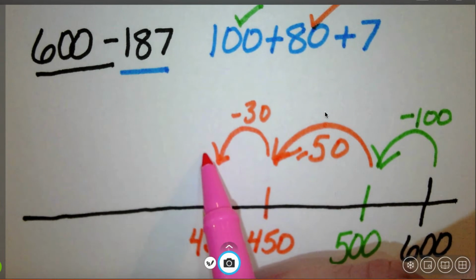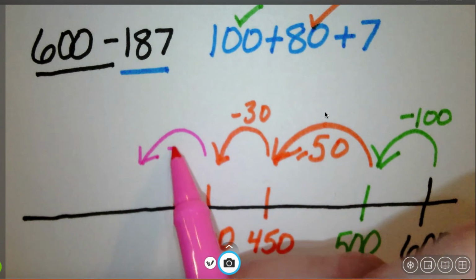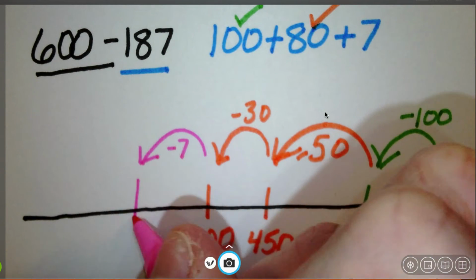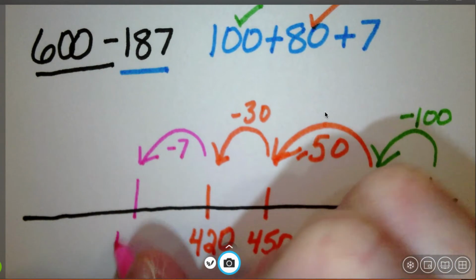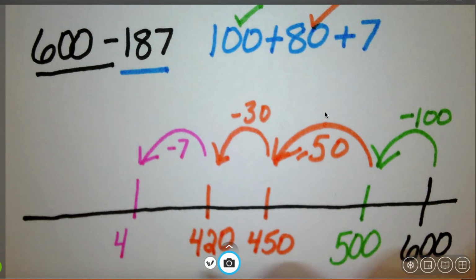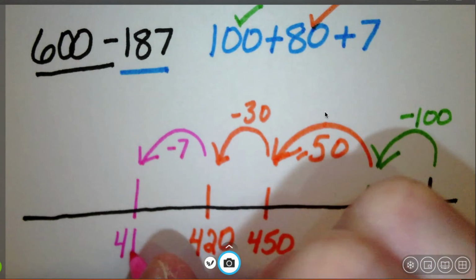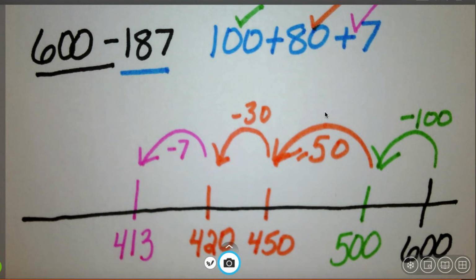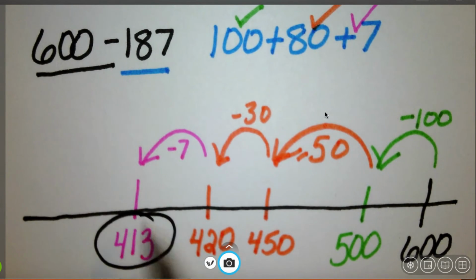Now all that's left is just to subtract the 7, which will bring me to 413. I'm going to check it off here, make sure that I subtracted everything. So 600 minus 187 equals 413.